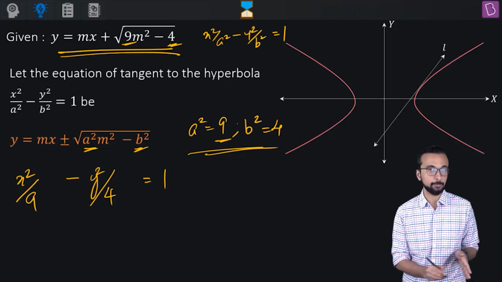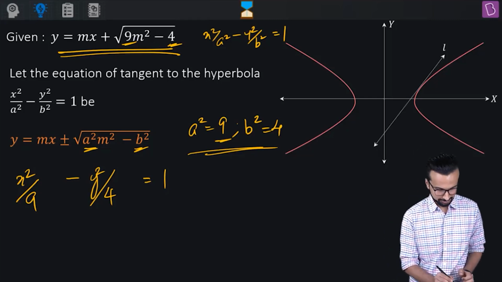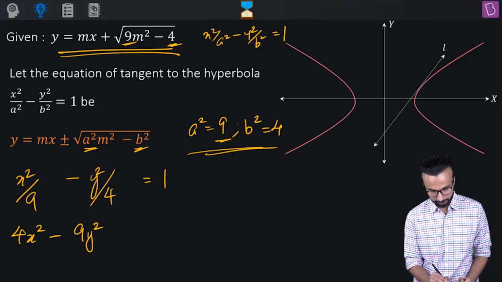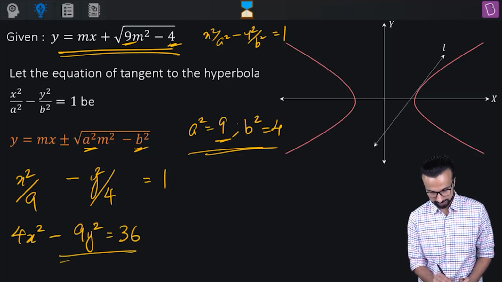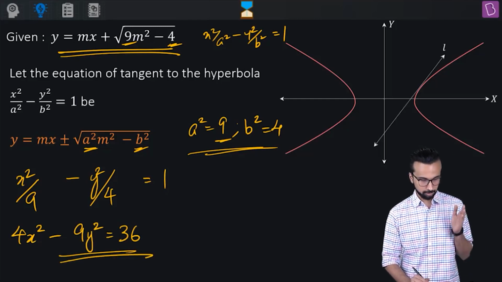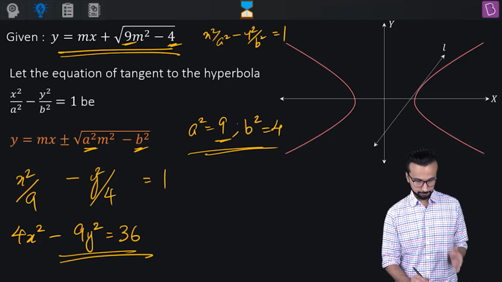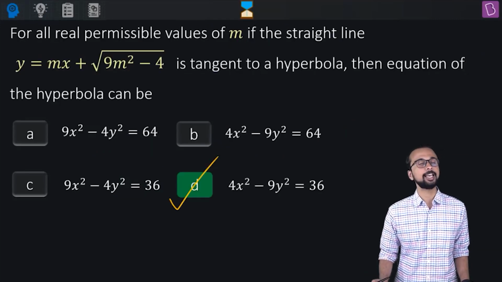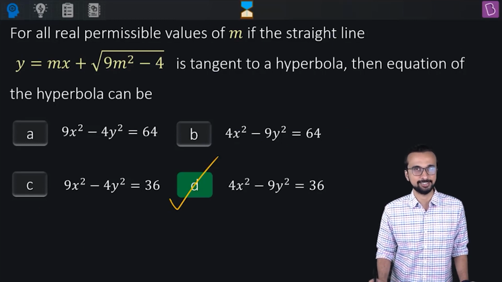So what do we do here? Multiply the whole thing by 36. What happens here? I get 4x square minus 9y square equal to 36. This is the hyperbola I've been looking for. 4x square minus 9y square equal to 36 is option D, and hence D is our right answer. Got that?